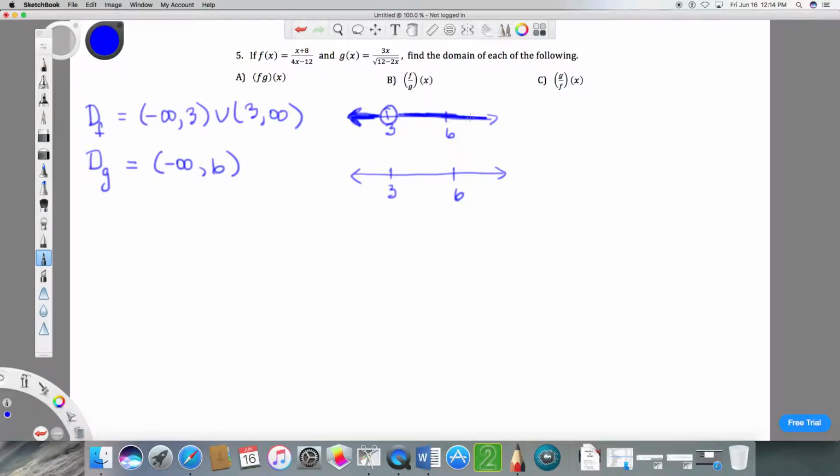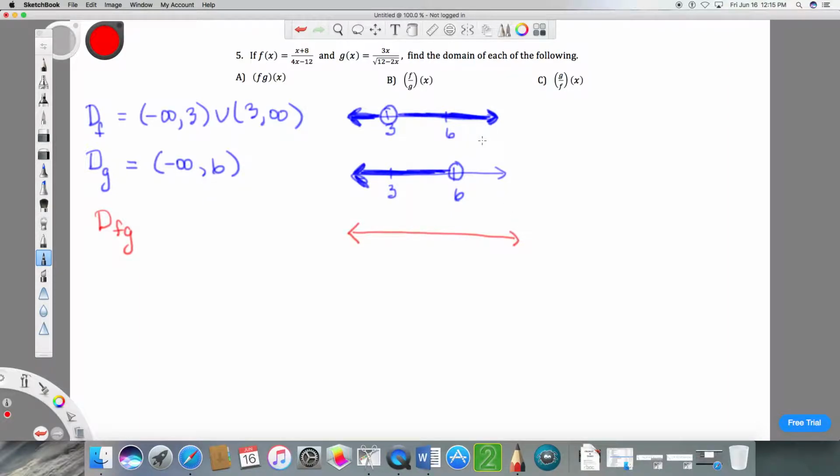So here's a picture of that set, the domain of f. And we want all values that are strictly less than 6. So here's that picture. So the domain of this new function fg, and I don't even have an expression for it, nor do I need one unless they ask for it.